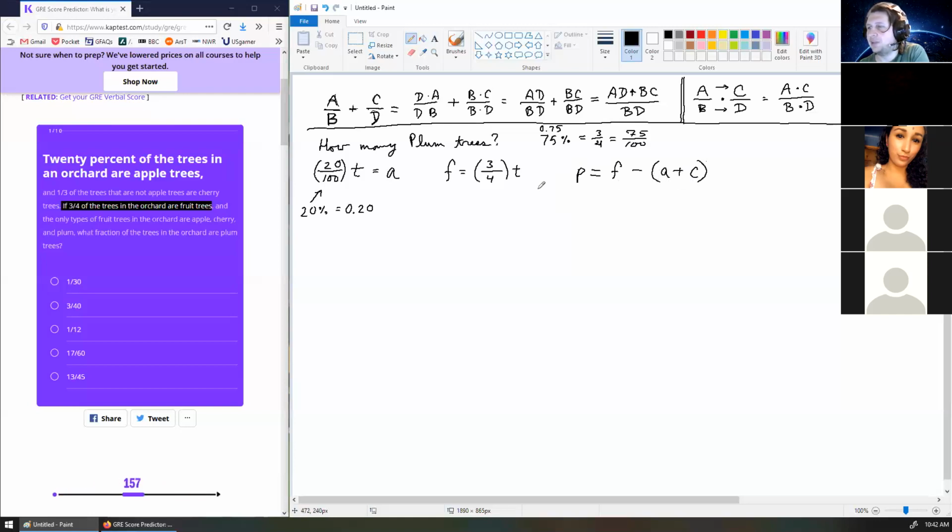They gave us A, and they gave us F, and so we need to figure out C on our own. A third of the trees that are not apple trees are cherry trees. It doesn't say a third of the fruit trees that are not apple trees or cherry trees. It just says a third of the trees.